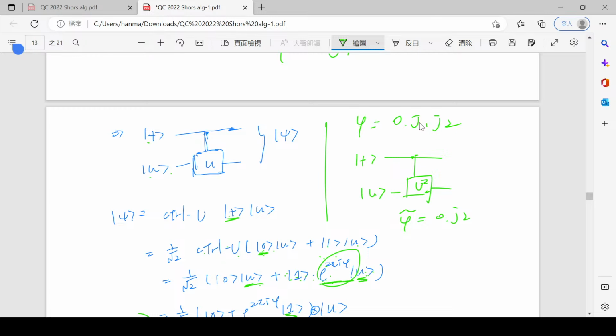The phase of U squared is just the phase of U times 2. So you shift this 1 bit and this j1 disappears. So if you do U squared here, and then you do the Hadamard measure, then you will get j2 out here, right?